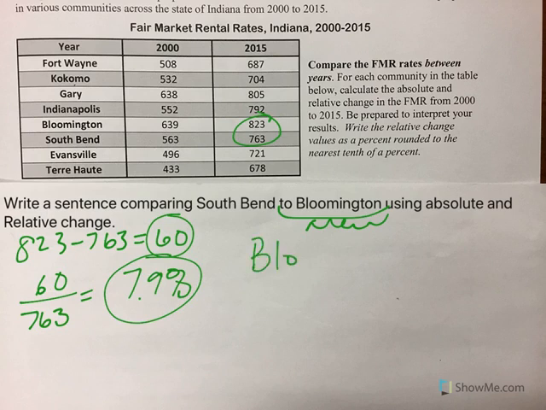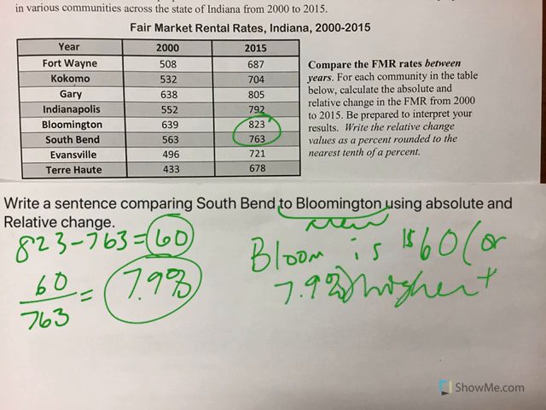So Bloomington is $60 or 7.9% higher than South Bend in 2015. Oh, I should have said fair market rental rates in Bloomington are $60 or 7.9% higher than South Bend in 2015.